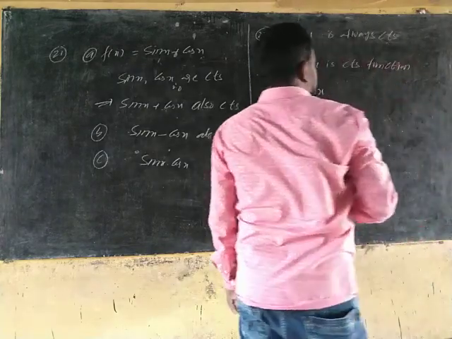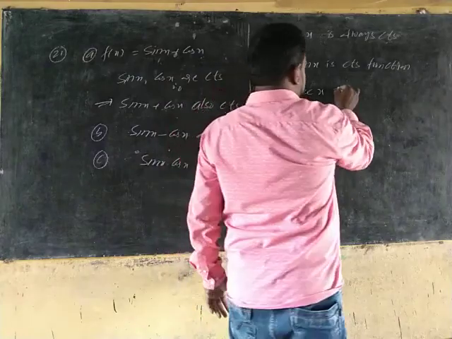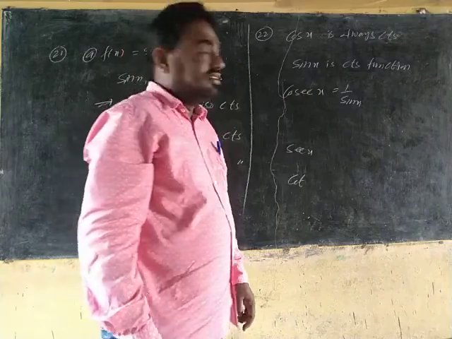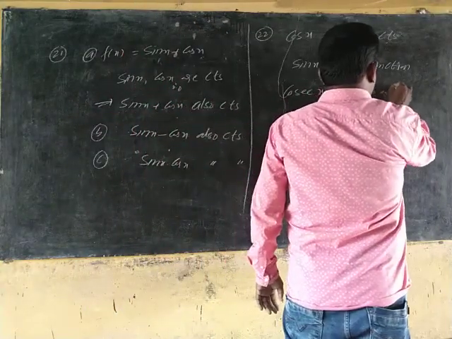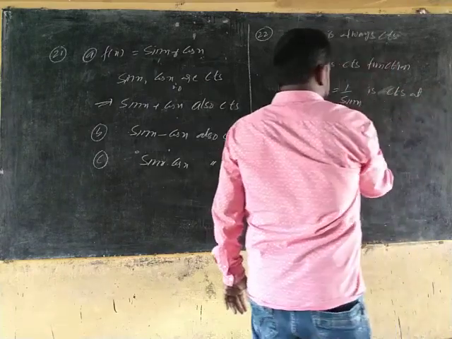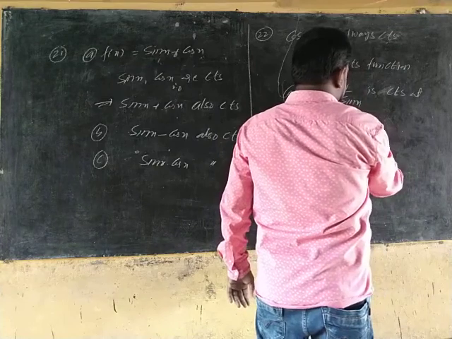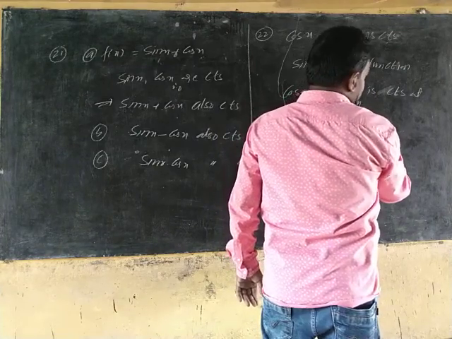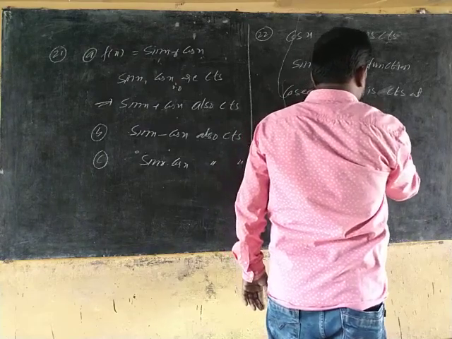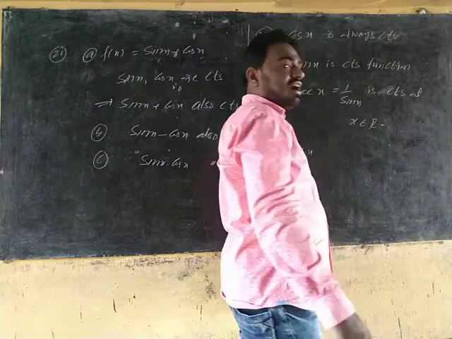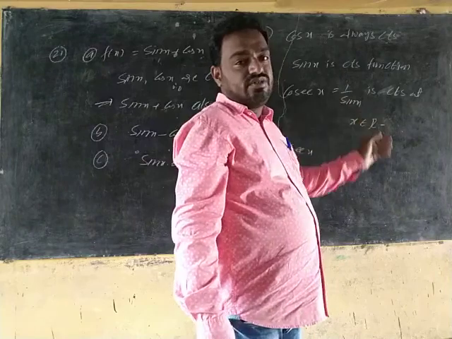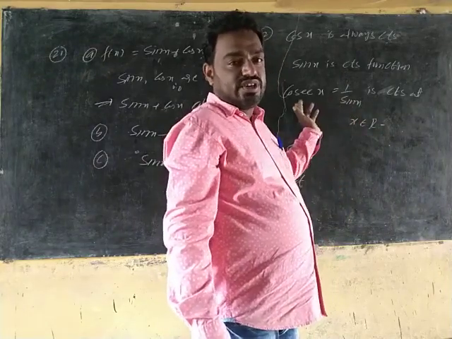Here, cosec x is equal to 1 by sin x. It is continuous except where the function is not defined, that is, where sin x is equal to 0.